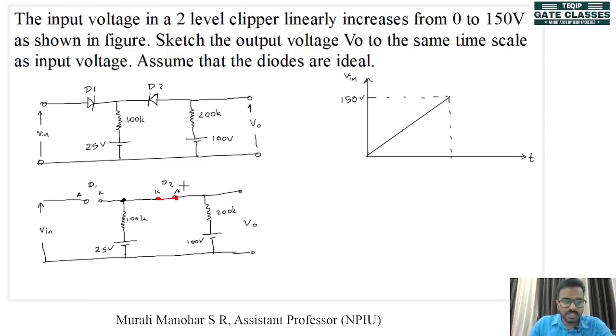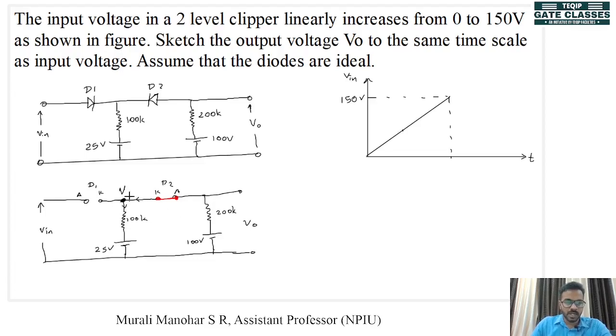Now when D2 is forward biased, we need to find out the voltage here. Let's call it V. To find out V, we can use KCL. So let's say there is a current coming from here and it is going here.